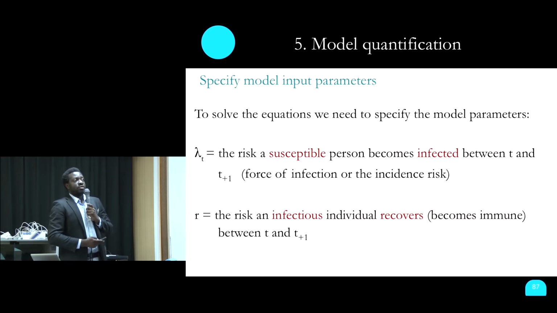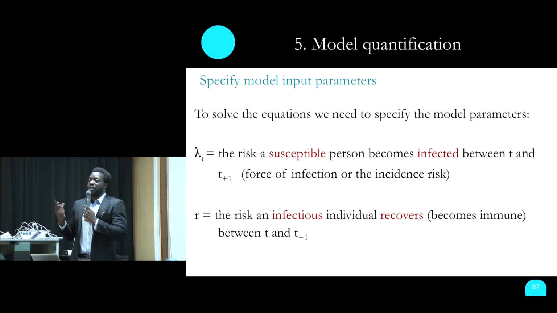The 5th step, after making the equations, is to specify the model inputs. They call it model quantification. Model quantification just means you need to specify the values for each of the parameters in your model.